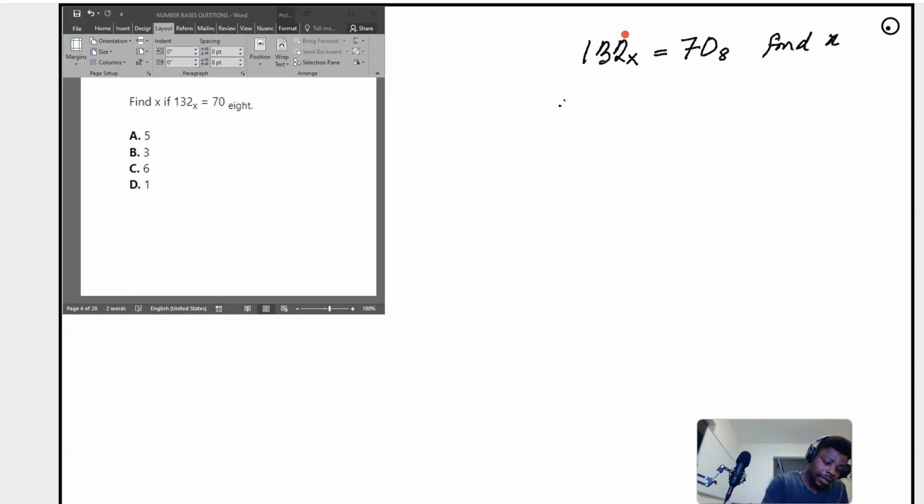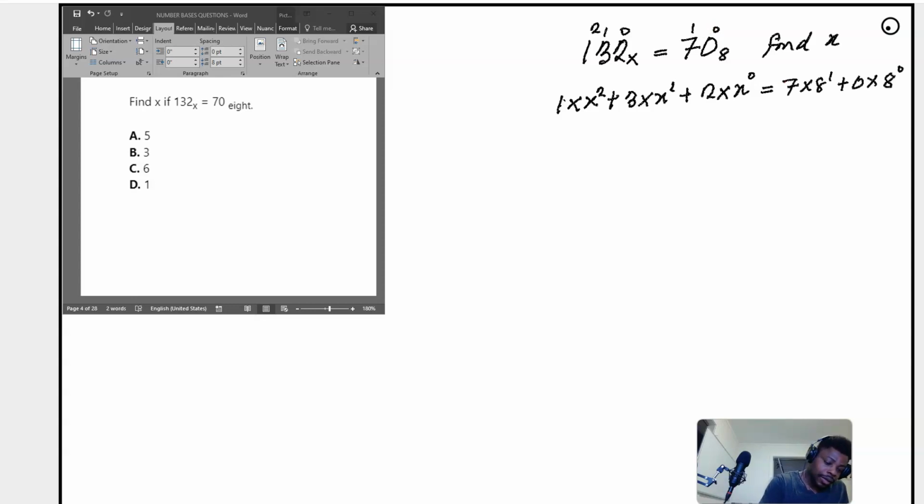So that you can have clarity. If you are converting to base 10, you put 0, 1, 2. So this is 1 times x raised to power 2 plus 3 times x raised to power 1 plus 2 times x raised to power 0. While for this one, you have 7 times 8 raised to power 1 plus 0 times 8 raised to power 0.